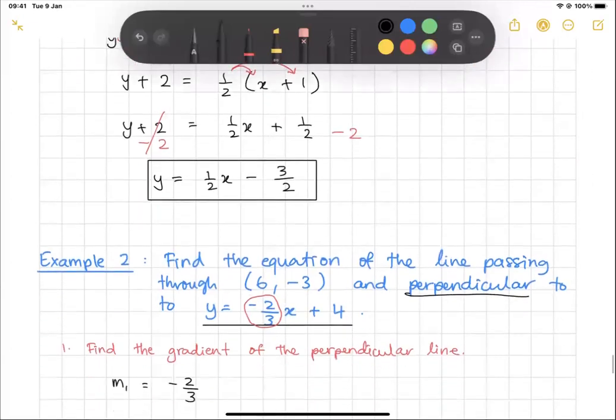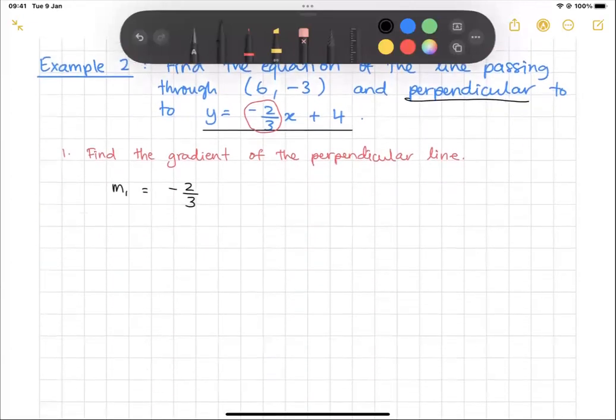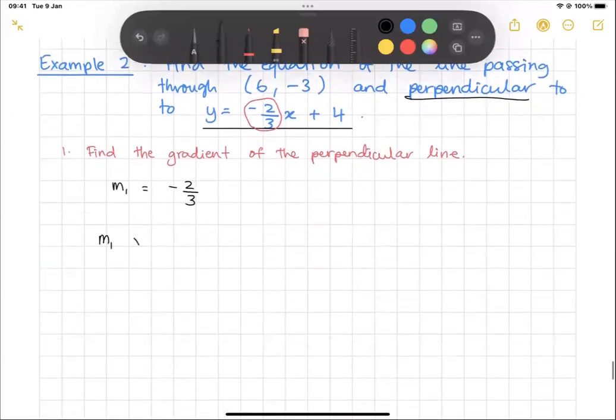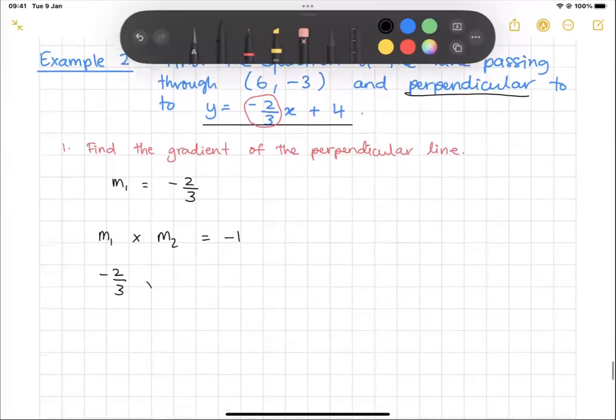So now I'm going to put it into the formula. m1 times m2 equals -1. Substitute where my m1 is, which is -2/3, times m2 equals -1. We're going to do simple algebra, okay?